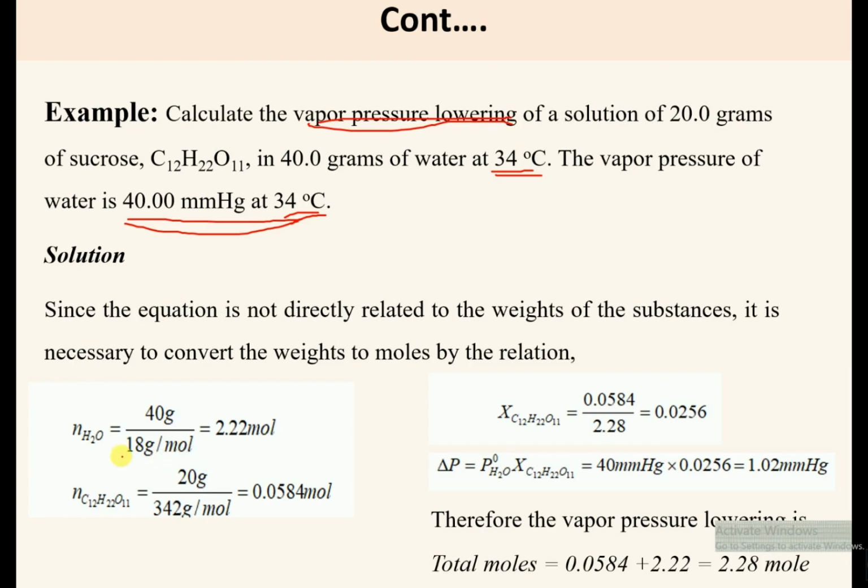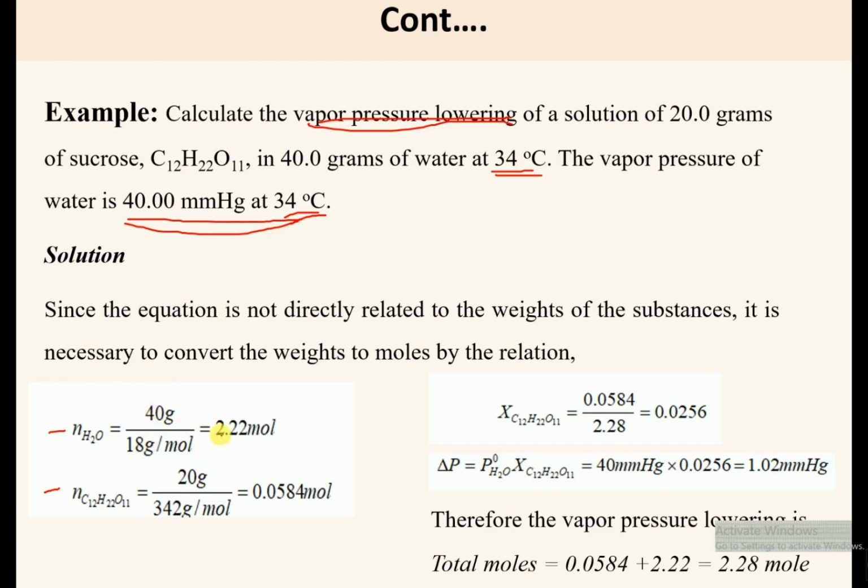So the first step is to calculate the mole of individual solute and solvent. Now let me calculate the mole of water, that is the solvent. Mole is given mass over molecular mass, so 40 gram is the given mass and 18 is the molar mass of water.